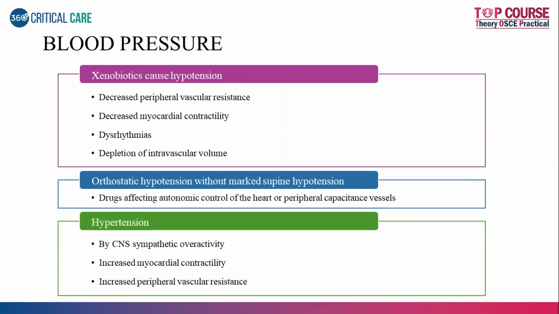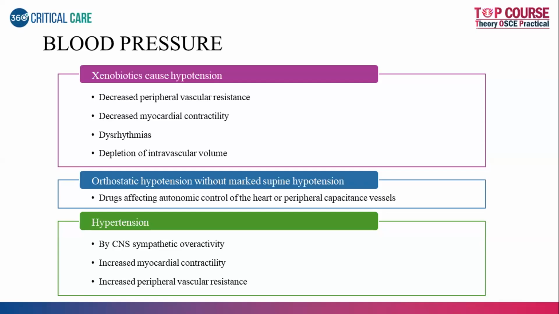One is decreased peripheral vascular resistance. There is myocardial depression in the form of decreased myocardial contractility. There could be arrhythmias and there could be depletion of intravascular volume, all leading to hypotension with a certain group of drugs. The second group of drugs is those which cause orthostatic hypotension without causing any marked supine hypotension. Why does this occur?